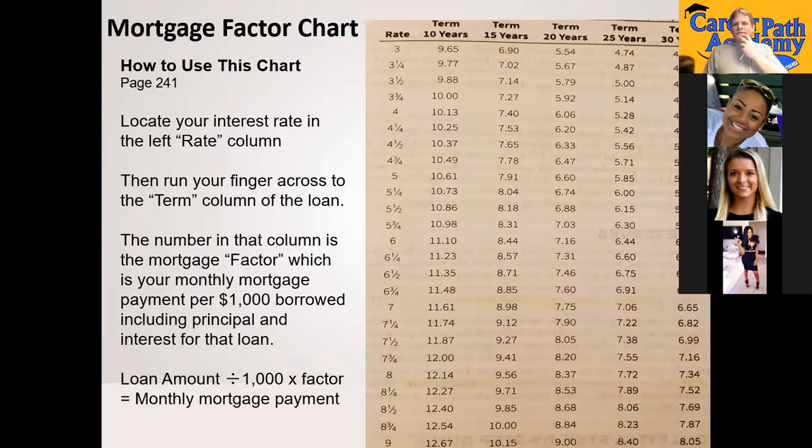All right. If you have a $300,000, what is the mortgage factor on a 5% loan at 30 years? 5.37 is the factor, right? So let me write down a problem here for you.